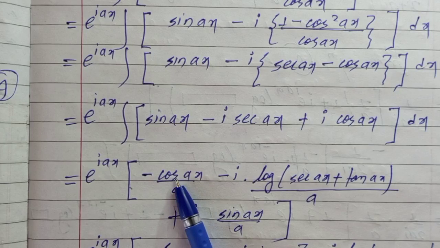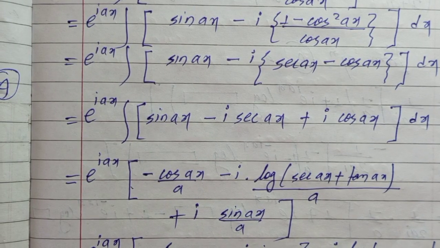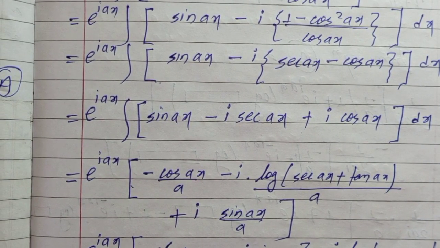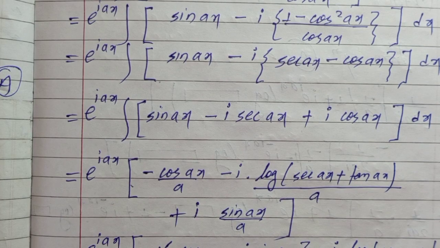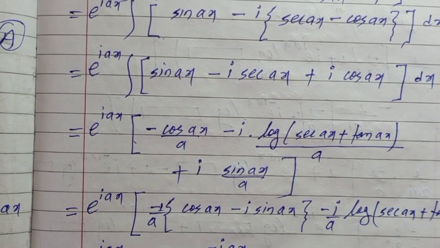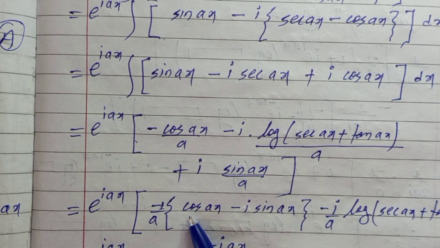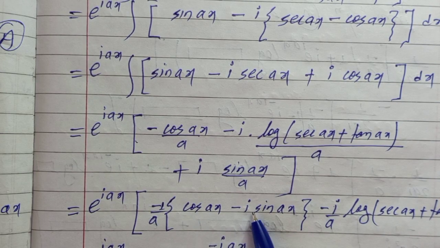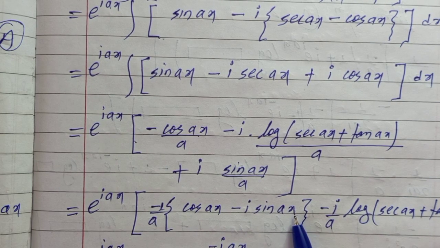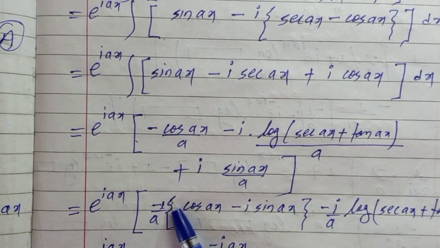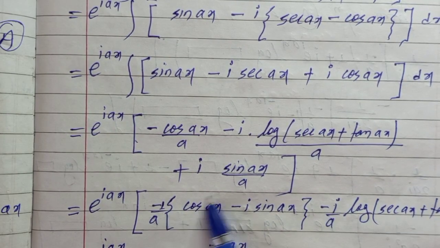Now we have to gather sin ax and cos ax at one place, so that we can again return them in the form of Euler theorem. So on gathering sin and cos at one place, we are going to get cos ax minus i sin ax in this form, and we have taken a common minus 1 by a from both terms.